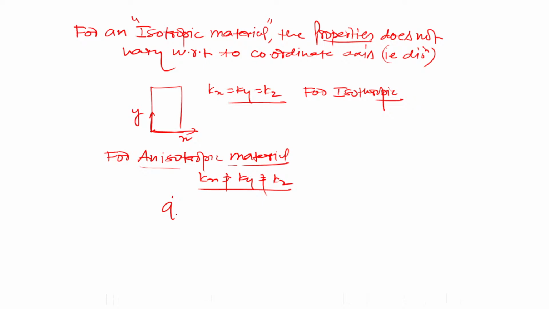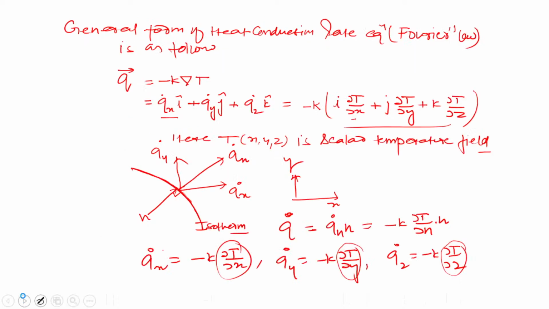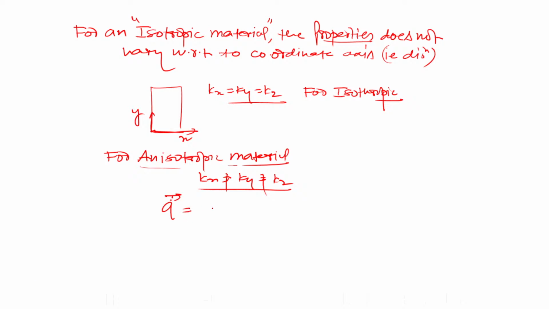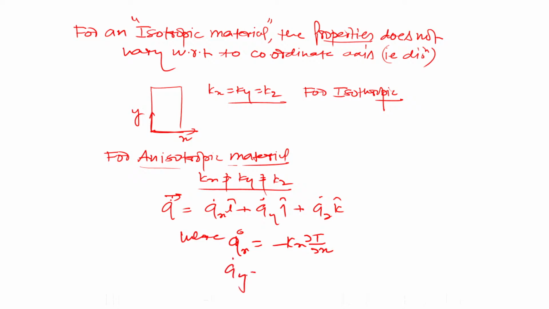Q dot, a vector quantity, equals q dot x into i cap, q dot y into j cap, q dot z into k cap, where q dot x will be minus kx into del T upon del x, q dot y is equal to minus ky into del T upon del y, and q dot z equal to minus kz into del T upon del z.